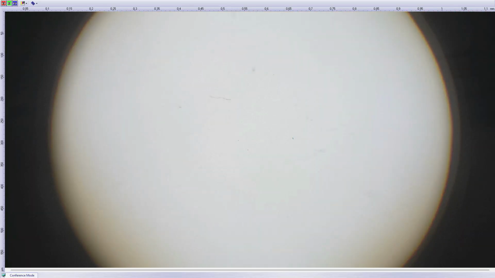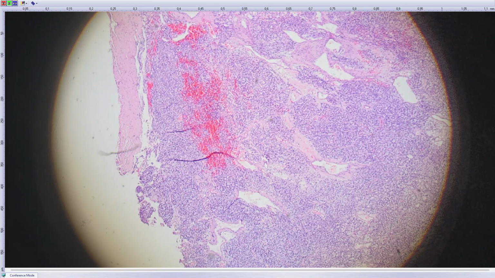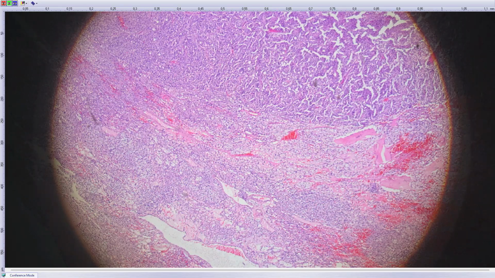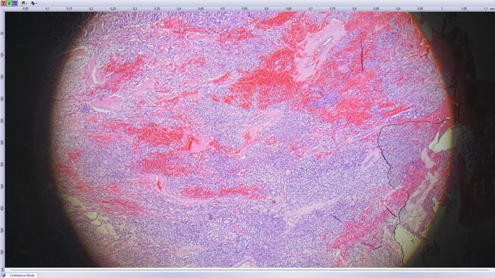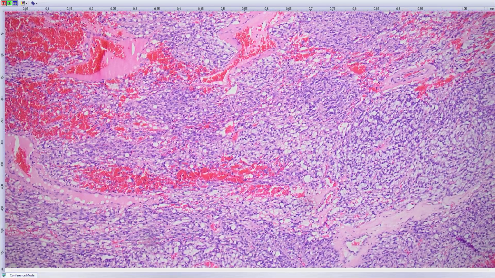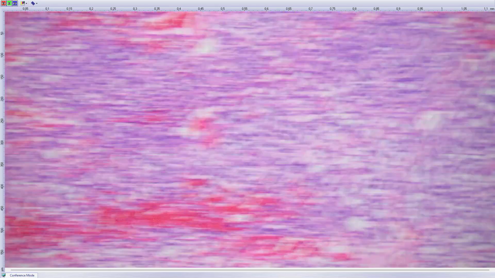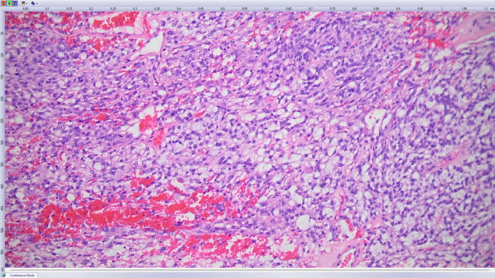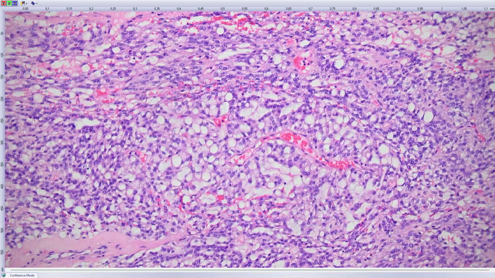My next case comes from the CNS. It's a meningioma, which showed two types of histology. One of these was what we call microcystic meningioma, with these very small microcystic spaces here.